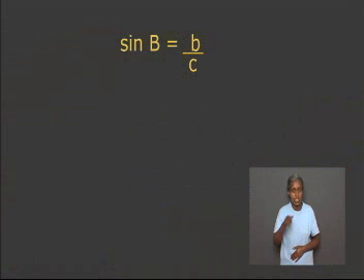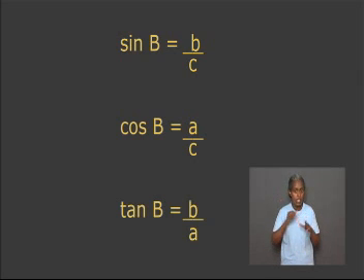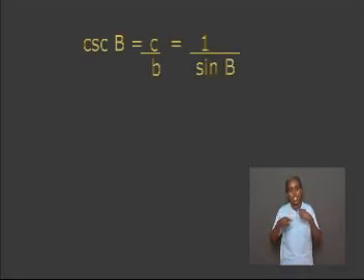As we said, the sine of angle B is found by B over C. The cosine of angle B is A over C. The tangent of angle B is B over A. For our new functions, we simply invert these relationships. The cosecant of angle B is C over B.